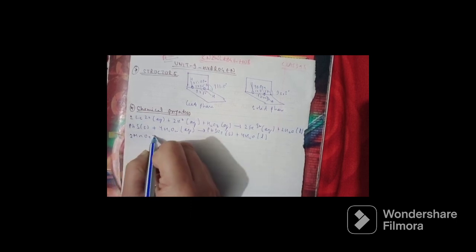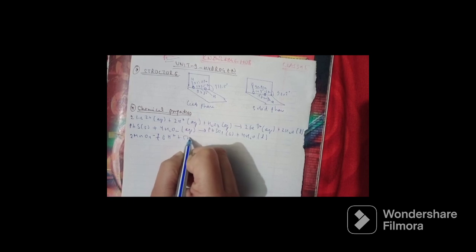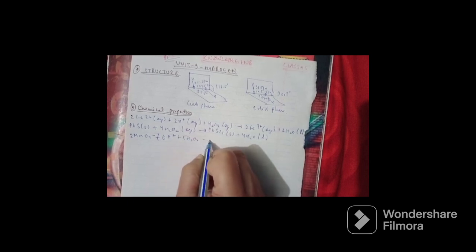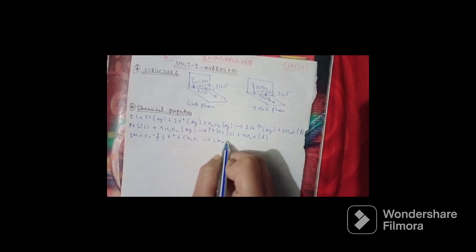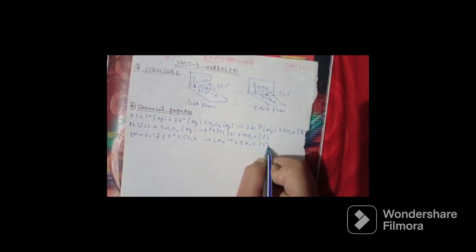So it will be 2MnO4- plus 6H+ plus 5H2O2 will give 2Mn2+ plus 8H2O plus 5O2.